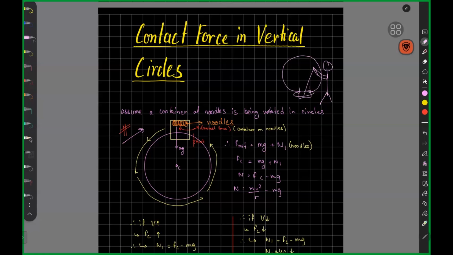What you're trying to do is move it at a certain speed such that this water does not spill out. That is what you want to do. Great. So, what are the things we do to find that speed?